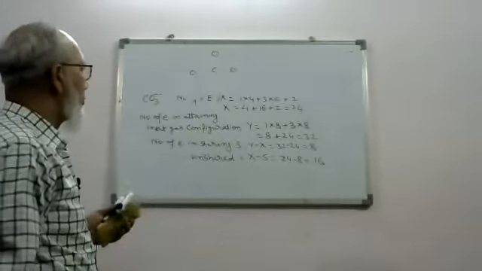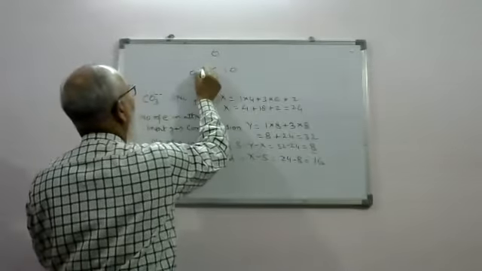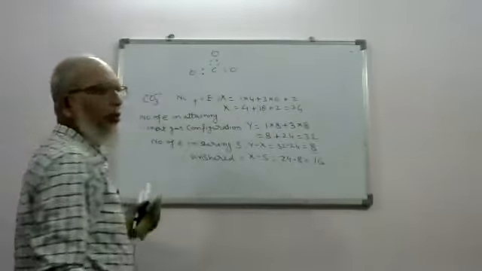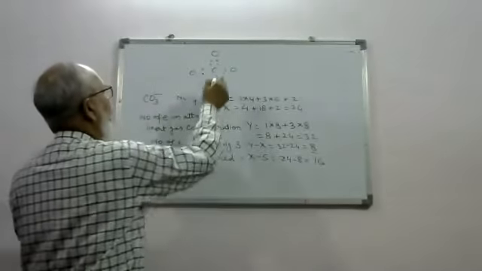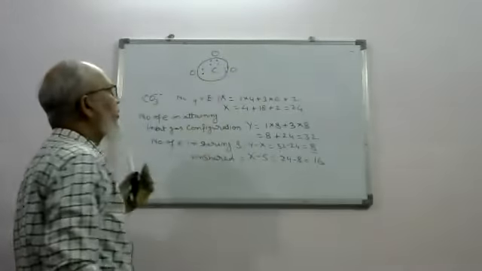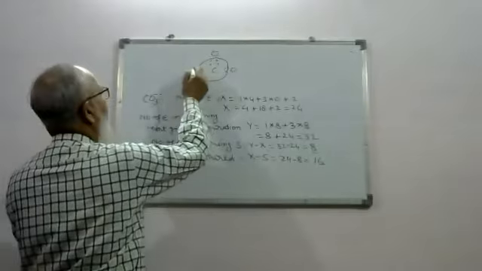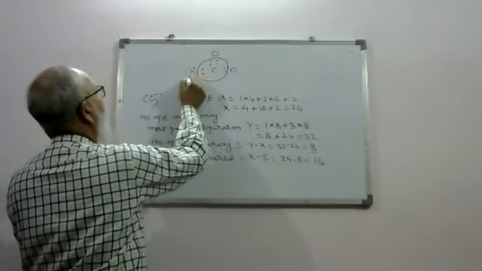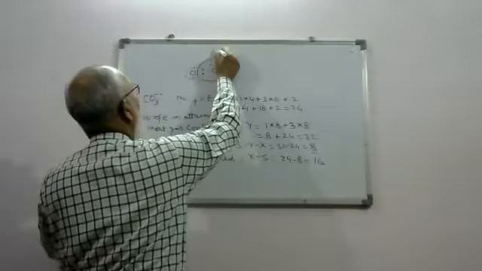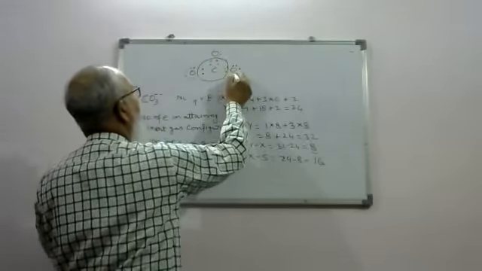Total number of electrons to be shared are 8. So 2, 4, 6, 8. Carbon atom has already completed its octet. So unshared electrons should be distributed on oxygen atoms. So this has already 2 electrons, 6 electrons are here, 8, 10, 12, 14, 16 electrons.